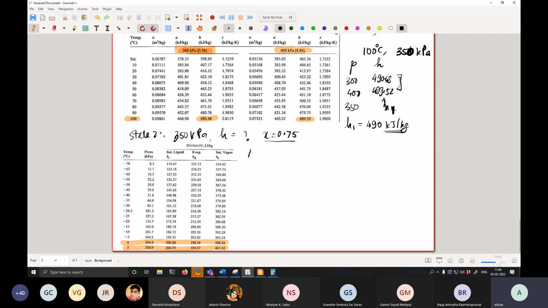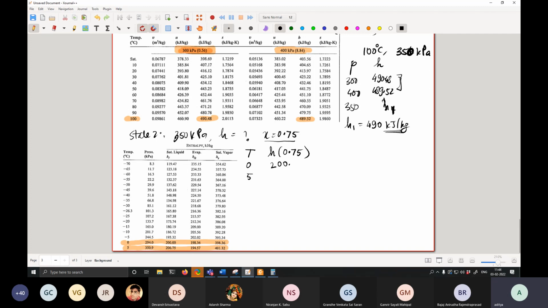So temperature 0, 5. Let us try to find out the enthalpy for 0.75 fraction. At 0 degrees Celsius, what is the enthalpy at 0.75? It will be h of the fluid, which is 200.